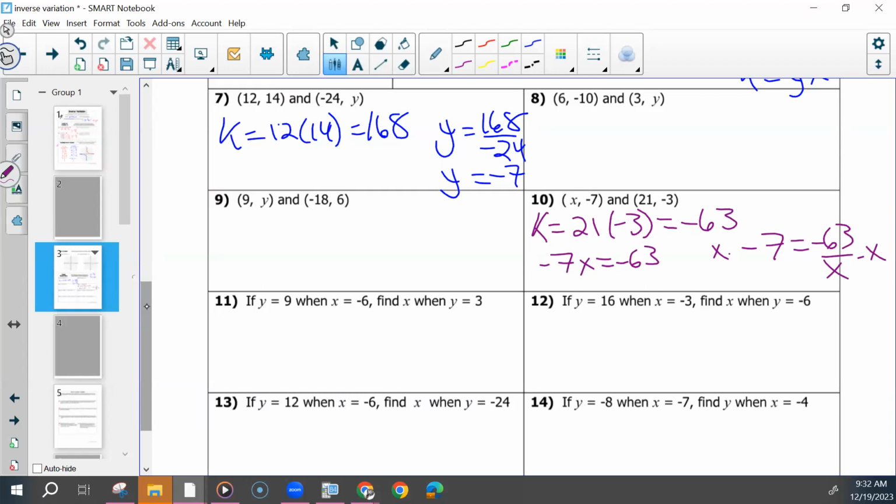And then solve for x by dividing both sides by -7. So that x equals 9. If I multiply -7 and 9, I would get -63. So that works. Do you have any questions on this one before we do a couple more of these?